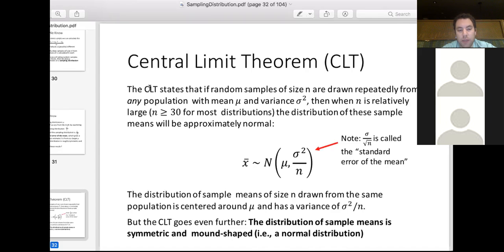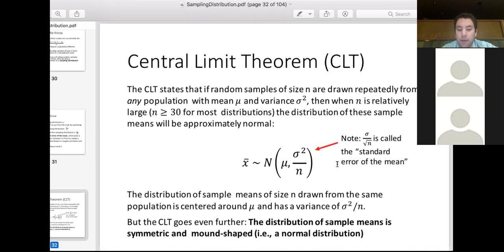In this class, we're going to say that if you have a sample size of at least 30, x bar will be approximately normal with a mean of mu and standard deviation of sigma over square root of n, the standard error of the mean.